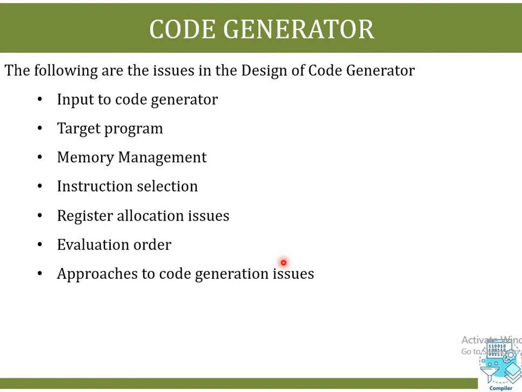That is a challenging task, another issue: instruction selection. Then there is the register allocation issue. In order to improve the efficiency of the program's execution, we store the values of the identifiers in registers.